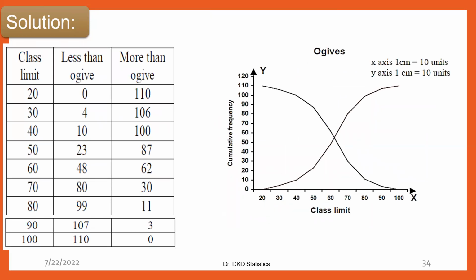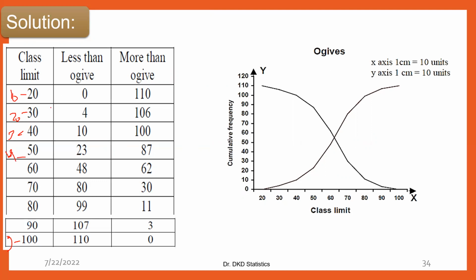So the class intervals, as we know, 10 to 20, 20 to 30, 30 to 40, 40 to 50, like that up to 90 to 100. So these class intervals are given.